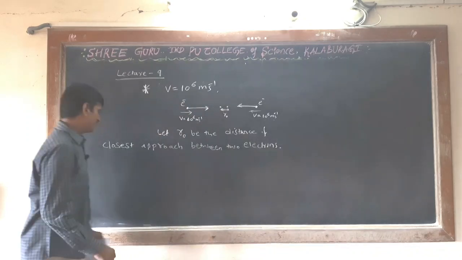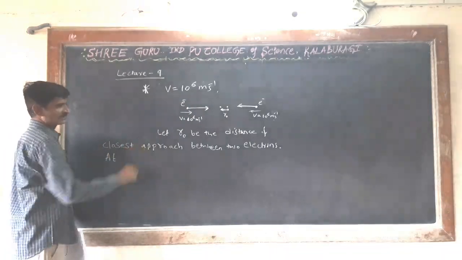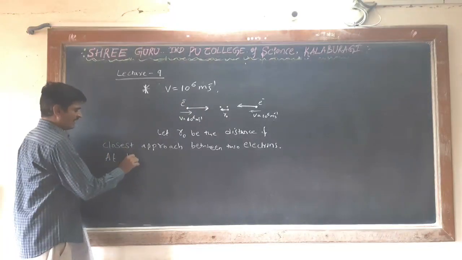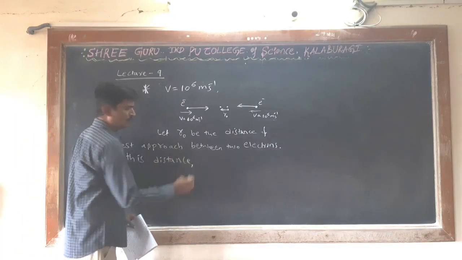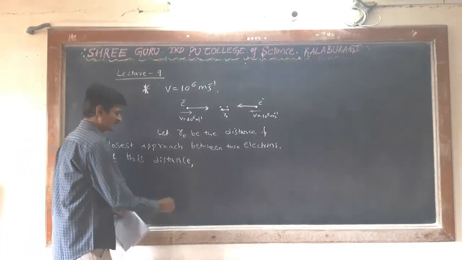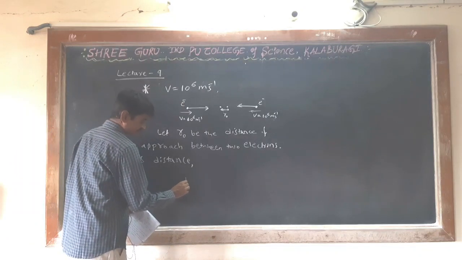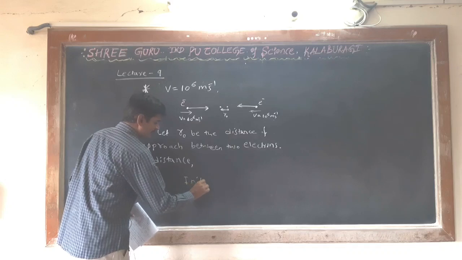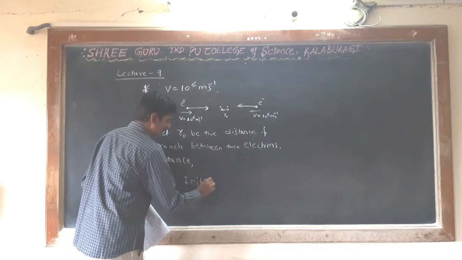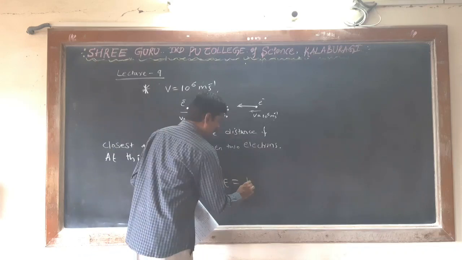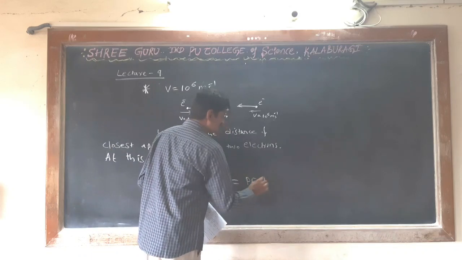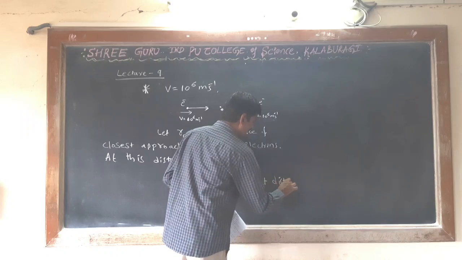At this distance of closest approach, the entire kinetic energy is converted into potential energy. Our total initial kinetic energy is converted into potential energy at distance R0.